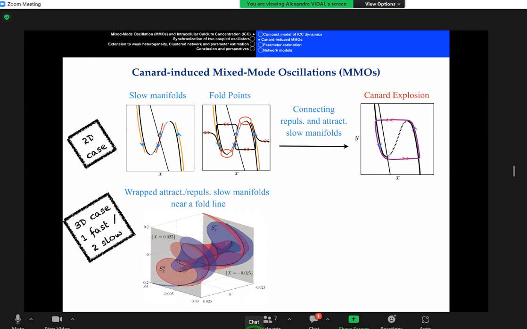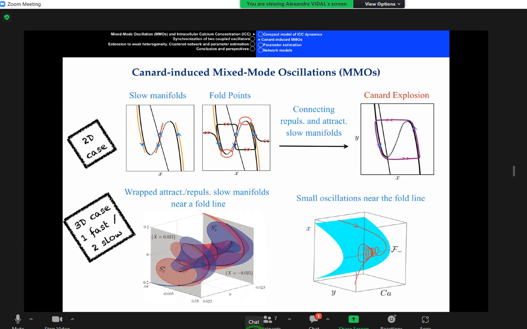And you can imagine that if you are starting from here, you are entering the neighborhood of this wrapped attractive and repulsive manifold, the dynamics needs to oscillate around the folded singularities because those are invariant manifolds. You cannot cross them.